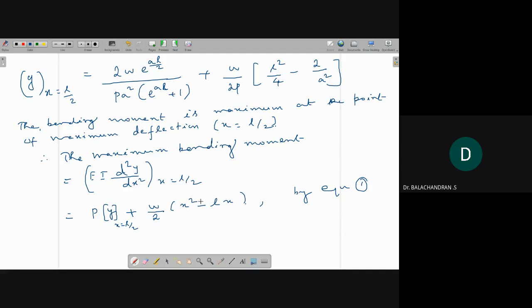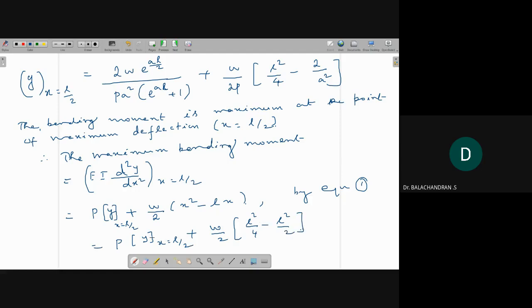So for clarity, I am writing this term. This is equal to p into y at x equal to L by 2 plus omega by 2 into x square, which is L square by 4 minus L square by 2.